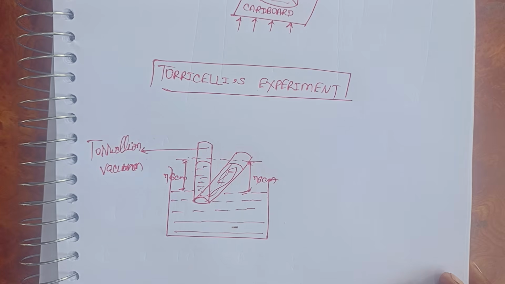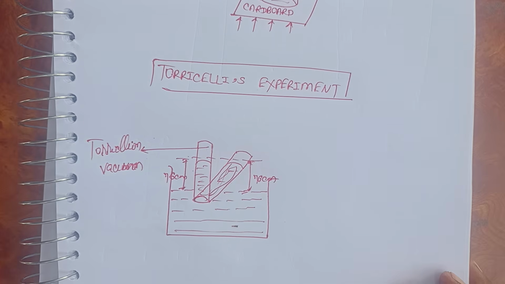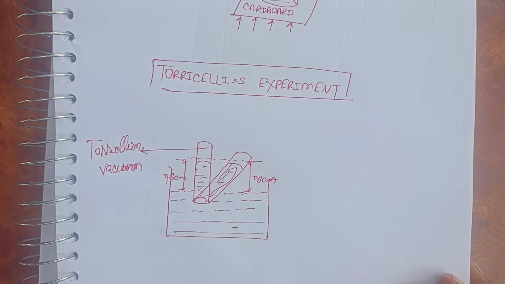Take this inverted end of the tube along with your thumb inside the pure and dry mercury contained in a trough. Remove the thumb, taking care that the end of the tube remains inside the mercury trough. Hold the tube vertically. We find that mercury in the tube will fall down at first and then will stop at a particular position.